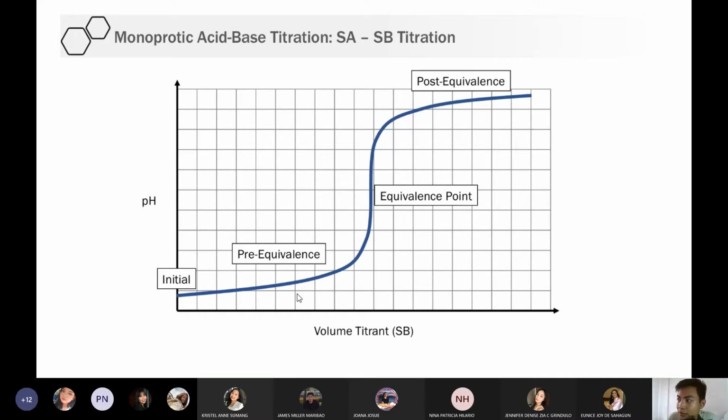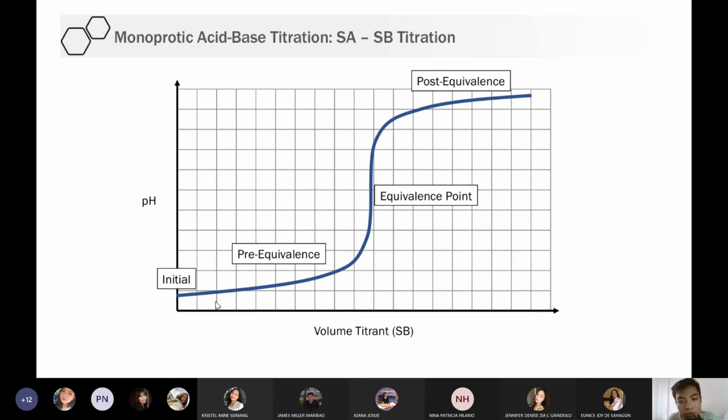Okay? So there will be a steep change in the slope of the curve. Okay? So ibig sabihin, na-reach mo yung equivalence point. Basta makakita kayo ng ganitong curve, equivalence point yon, yung biglang taas. No? So equivalence point yon. Ibig sabihin, the analyte is completely reacted with the titrant. Okay? So yun ang equivalence point. Then, after nun, magpa-flat na ulit, magpa-plateau na siya. Post-equivalence na yan.